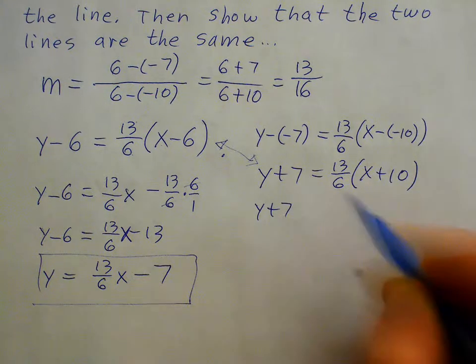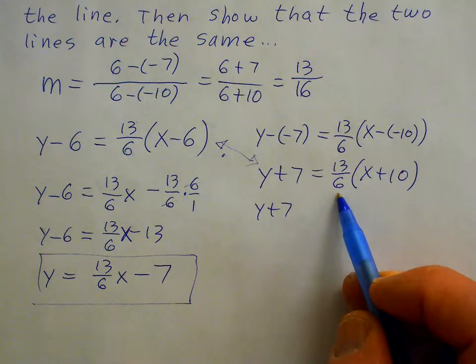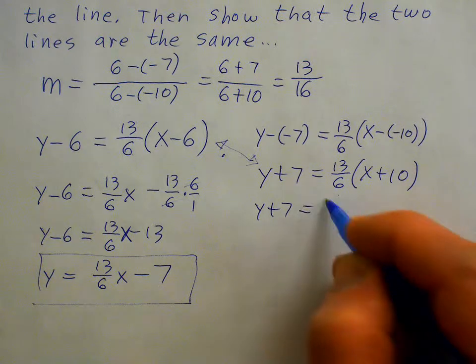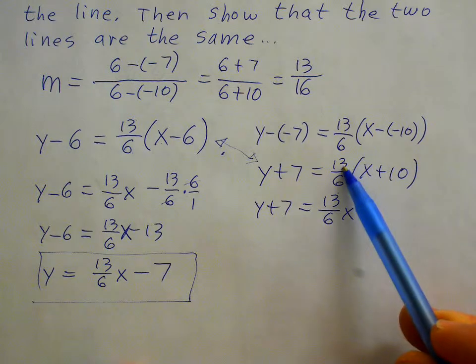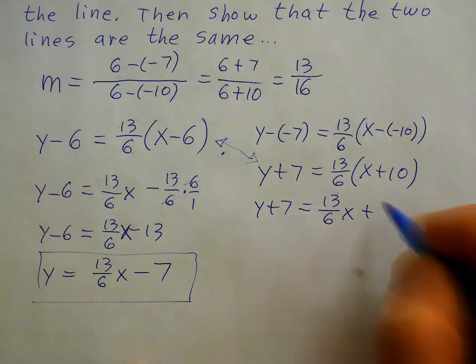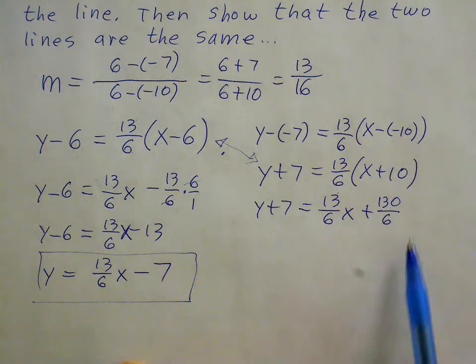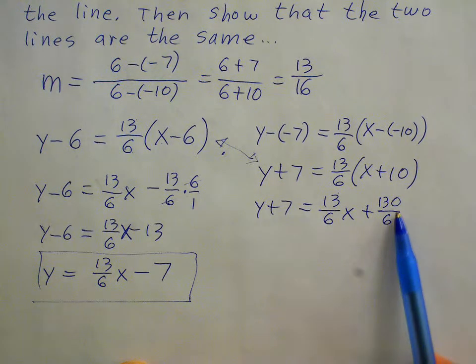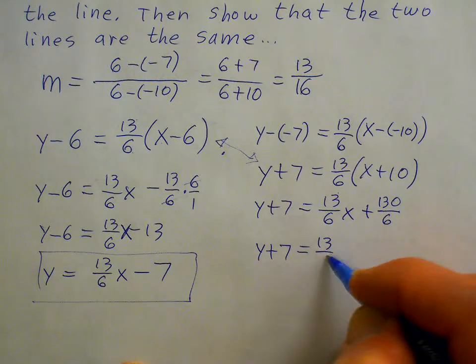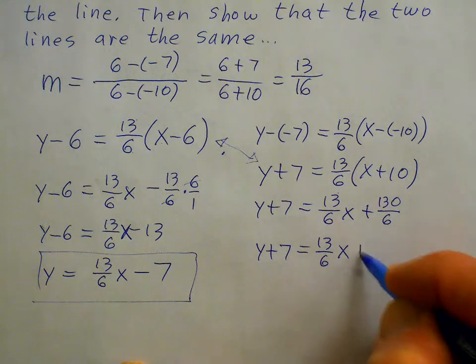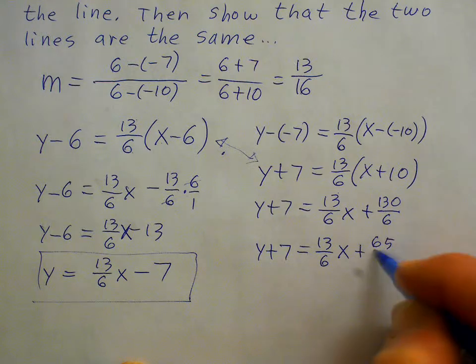So on the other equation, distribute multiplication by 13 over 6. So we get 13 over 6x, and then plus 13 over 6 times 10, that's 130 over 6. This can be simplified to 65 over 3. So we might as well do that first. Y plus 7 equals 13 over 6x plus 65 over 3.